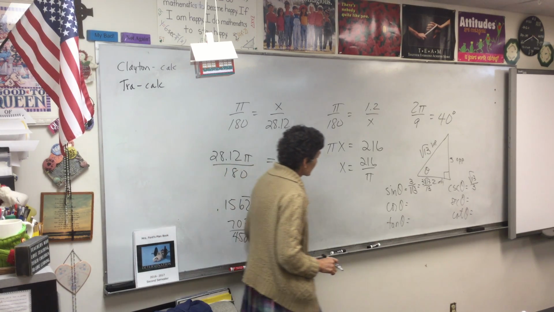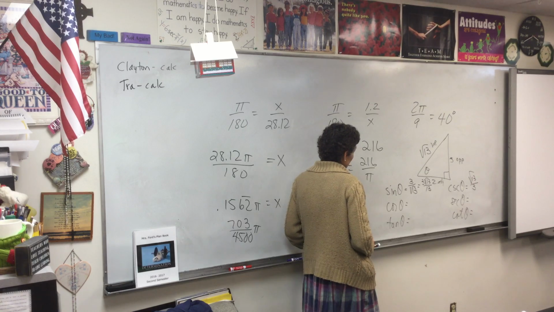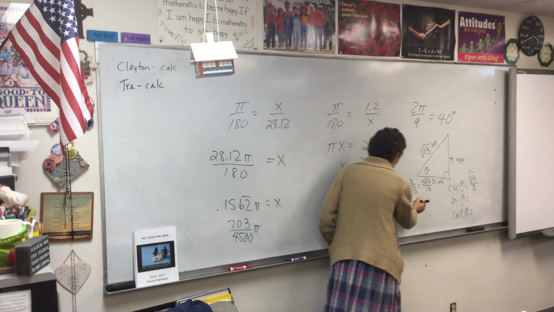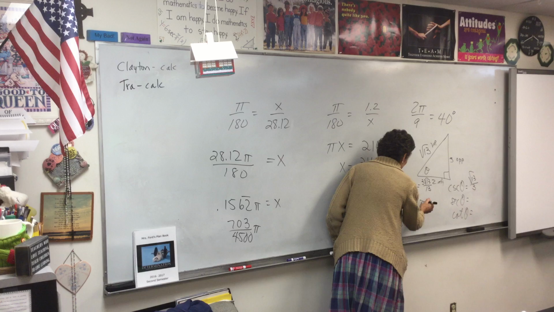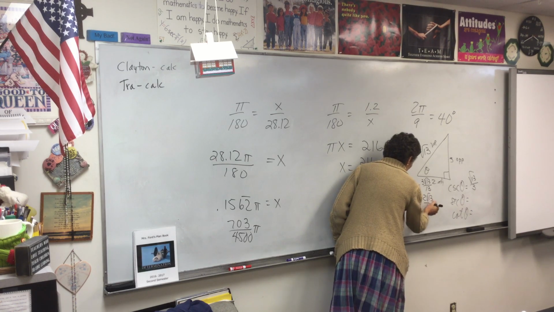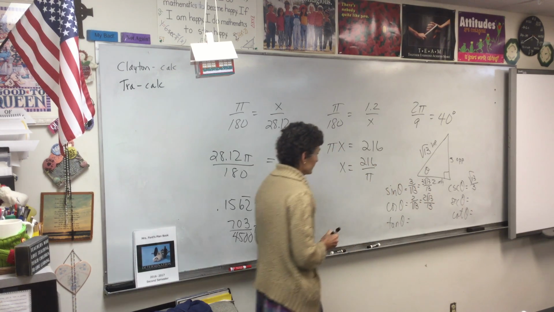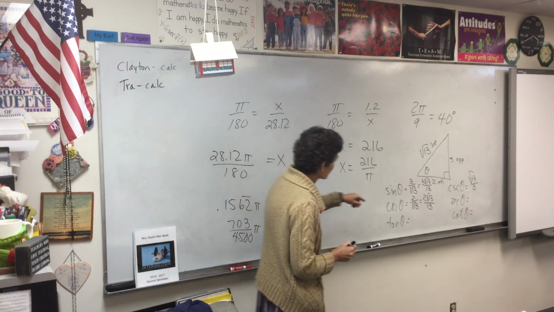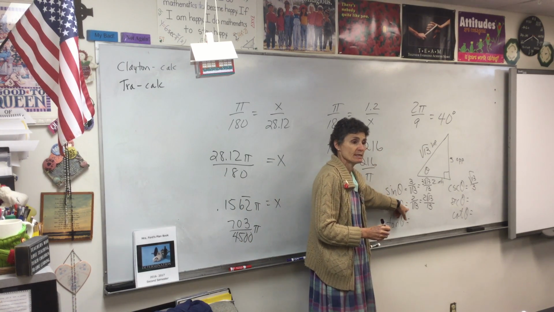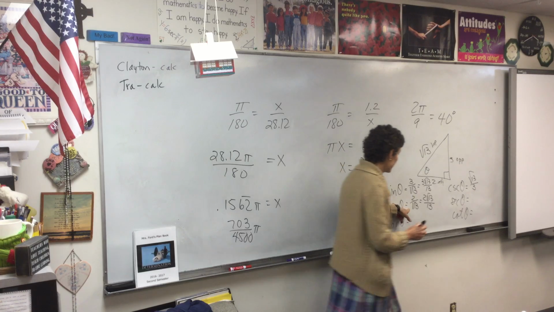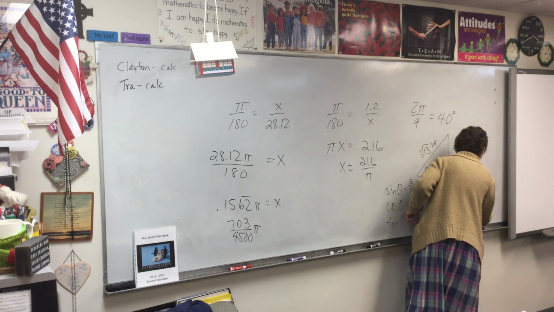All right, what's the cosine? 2 over root 13, or 2 root 13 over 13. And if the cosine is 2 over root 13, then the secant is root 13 over 2.